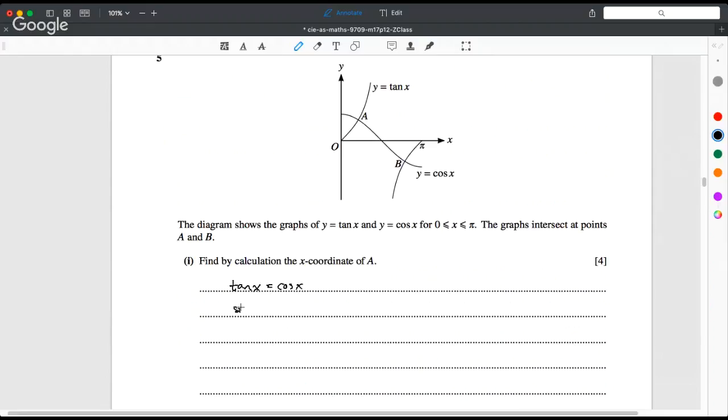We know that tan of x is equal to sine of x over cos of x. So if we multiply both sides by cosine of x, we get that sine of x is equal to cosine squared of x. And we know that cosine squared of x is equal to 1 minus sine squared x. So we get that sine squared x plus sine x minus 1 is equal to 0.